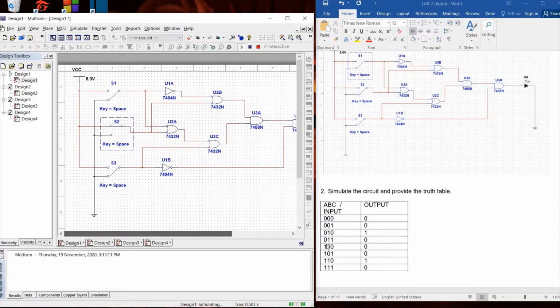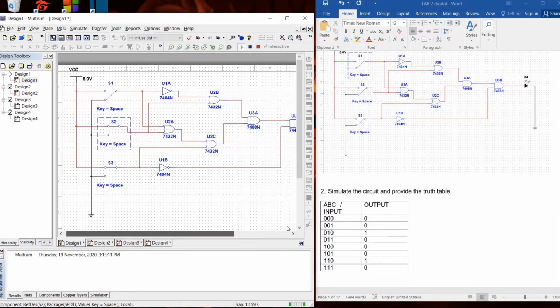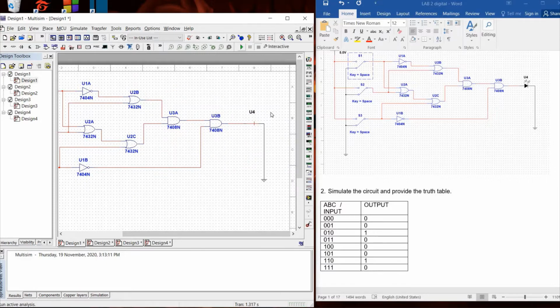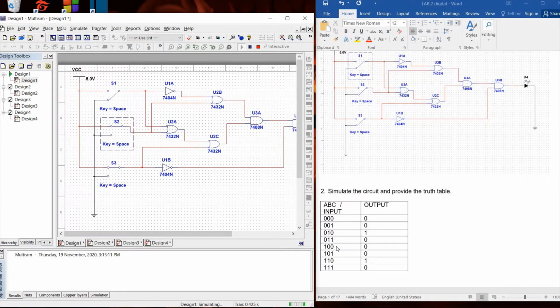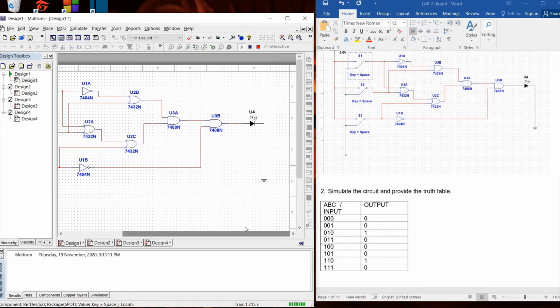Then the input is 0 1 1. My output is 0. And my input is 1 0 0. My output will be 0.